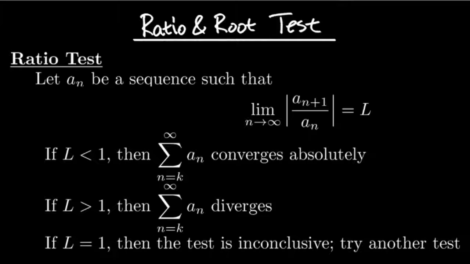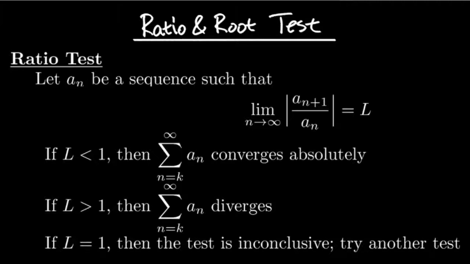Alright, so the ratio test is this. If we have some sequence and take the limit as n approaches infinity of the absolute value of a sub n plus 1 over a sub n, and we get a limit. If that limit is less than 1, then this thing converges absolutely.